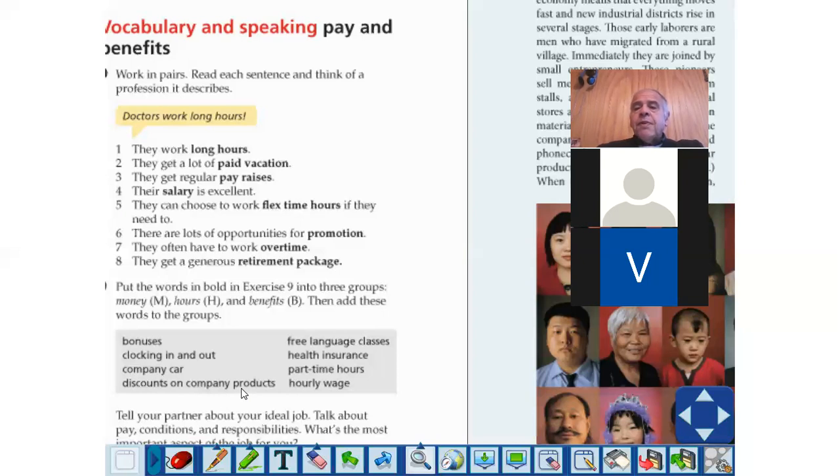If you work, for example, in Cervecerías Unidas, and they give you discounts for buying beer, that would be pretty good. Free language classes for those people who have to use another language. For example, you who sells. Health insurance. This is important. What is a health insurance?